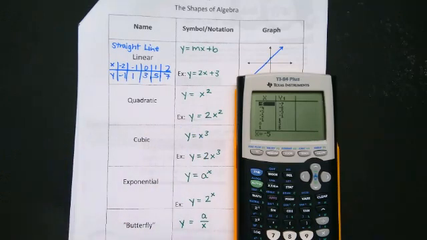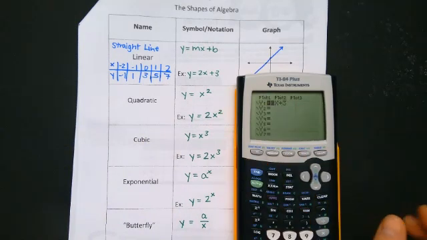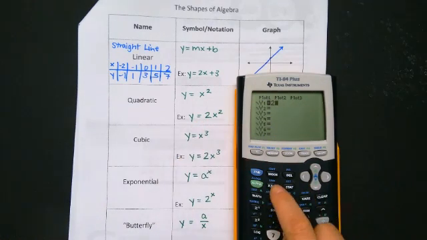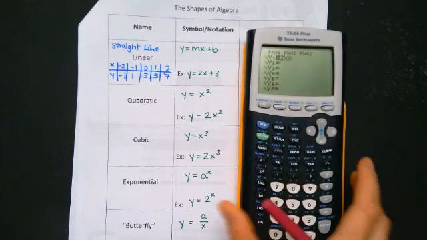So to get back to where we need to be, all you have to do is press y equals. And you could keep that in there, but just so that we don't get confused, we are going to clear that first one out. So press clear, and we're going to enter this new one. 2x, remember, is next to the alpha key. And then the squared, there's two ways you can do this.